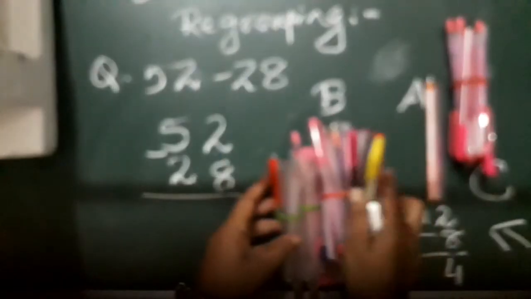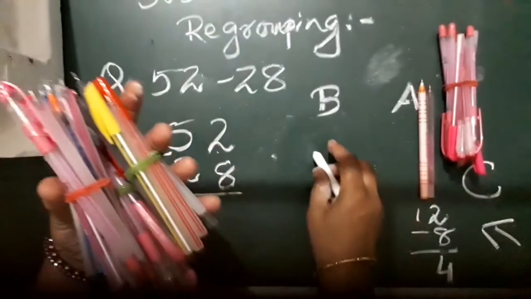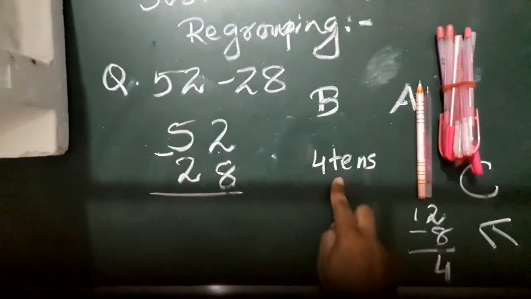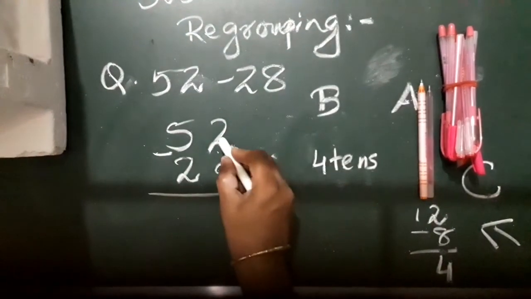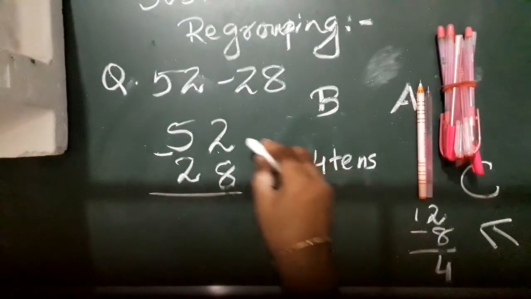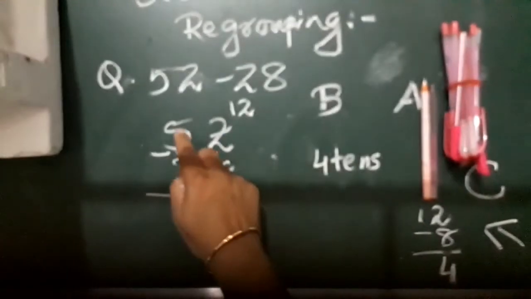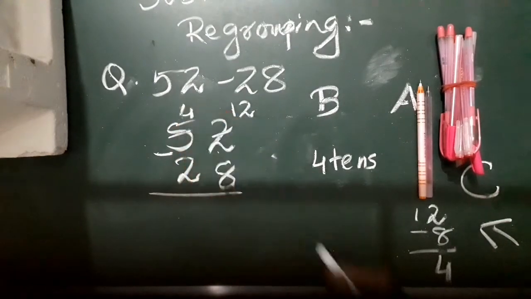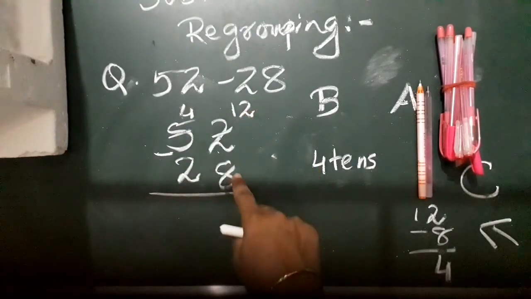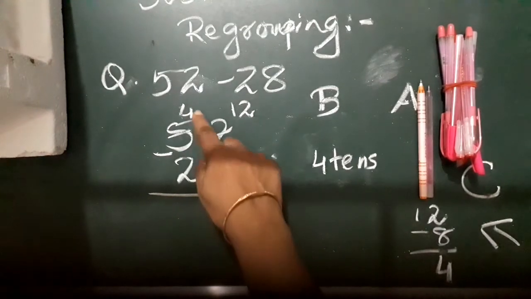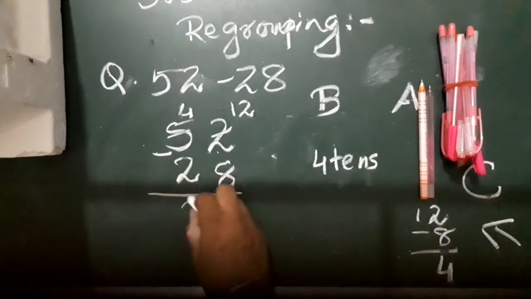So here this is 4 tens. Instead of 2, this becomes now 12 and 5 tens becomes now 4 tens. So 12 minus 8, that is 4, you have done it. And now 4 minus 2, that is 2.